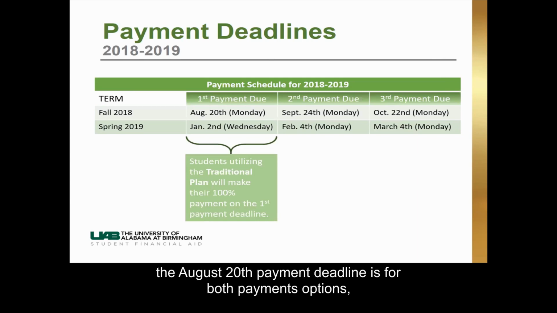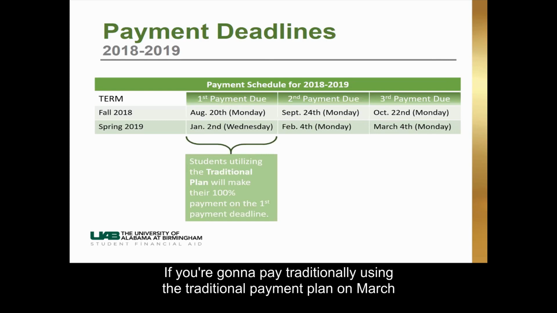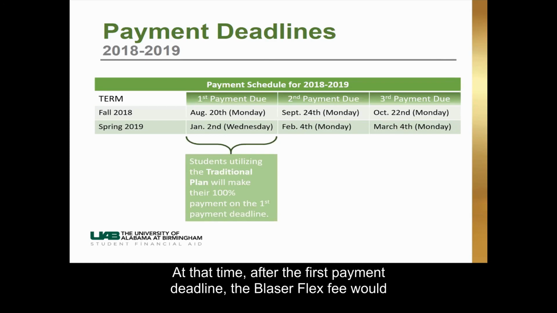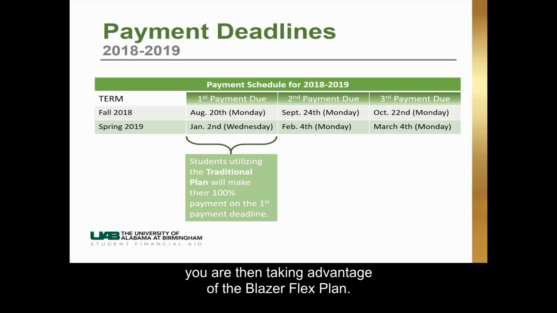So the August 20th payment deadline is for both payment options, whether you're choosing the traditional payment plan or the Blazer Flex plan. If you're going to pay using the traditional payment plan on August 20th, you would pay 100%. If you're using the Blazer Flex plan, you would only pay 33%. After the first payment deadline, the Blazer Flex fee would go on to that student's account because we realize that you have not paid 100% and you are then taking advantage of the Blazer Flex plan.